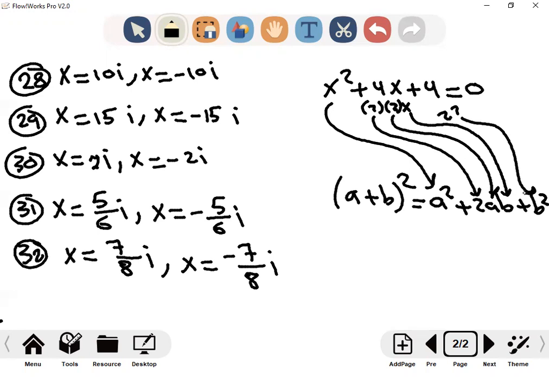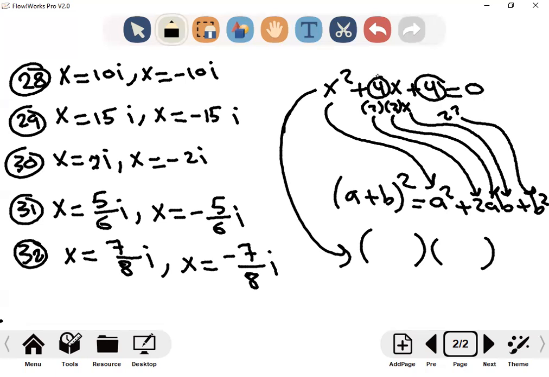What did I have? 2 and 2, right? So x plus 2 and x plus 2, all x plus 2 to the power 2.